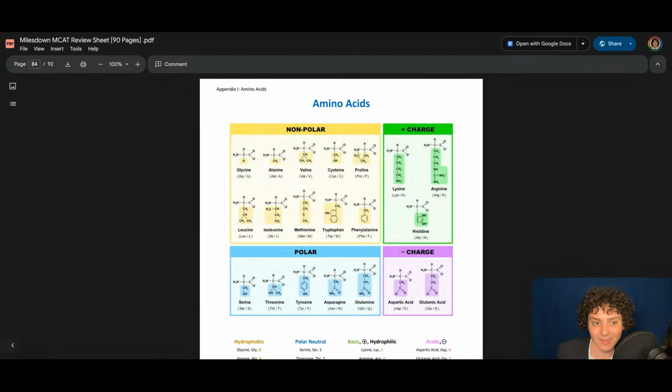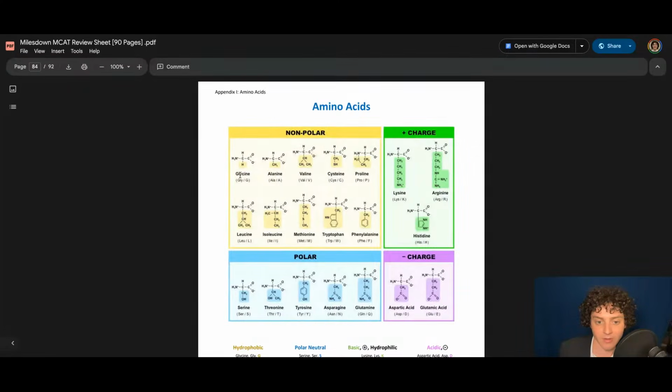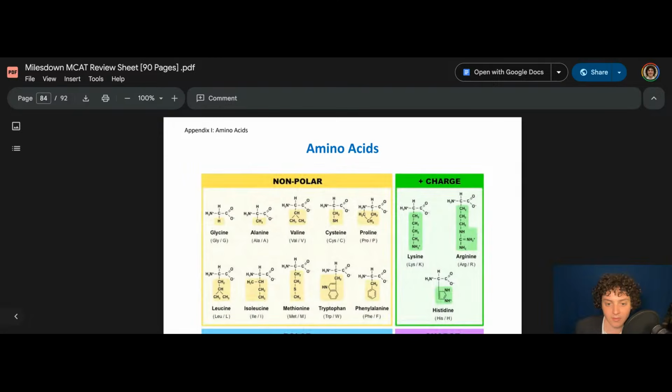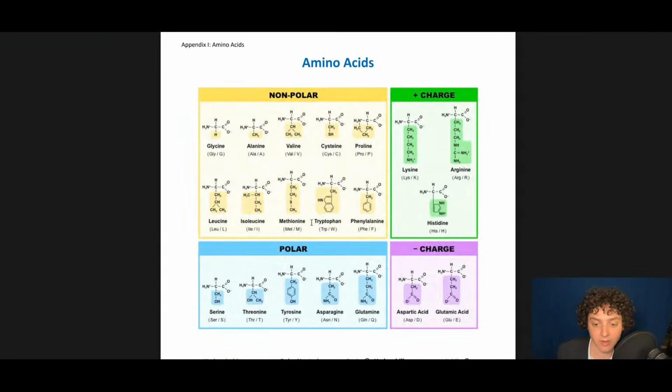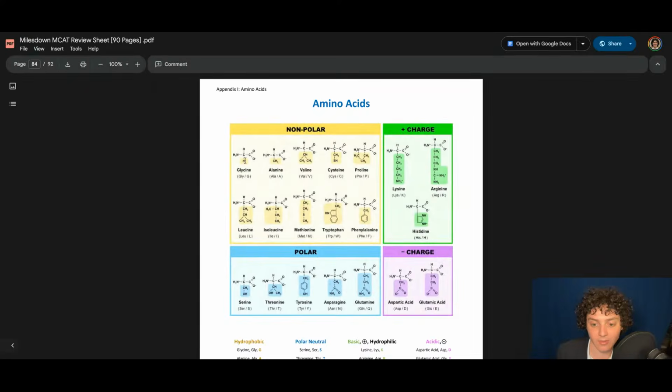Now that I'm in the Miles Down review sheet, specifically the part about amino acids, I'm going to use this as our tool for memorizing these structures because I find that this is the most straightforward diagram that I've seen about the amino acids.